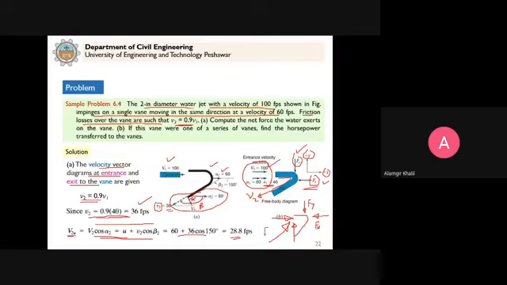The resultant force of blade on the force of water. This is equal and opposite. So this will be the force of water on this vane or blade. Clear? This will be the force of water on this vane or blade. And you can calculate the alpha. Clear? This alpha you can easily calculate.